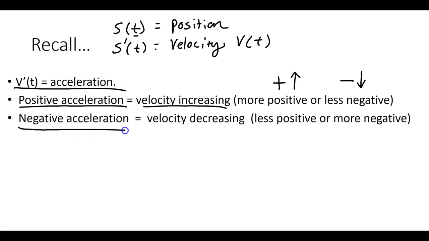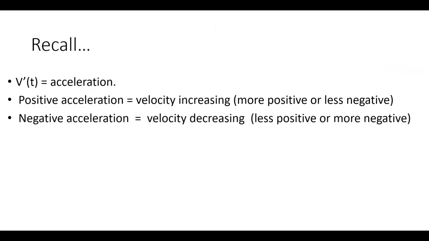A negative acceleration means that your velocity is decreasing, which means that either it's positive and decreasing, or it's negative and becoming more negative. Okay, so just some basic concepts there to review.